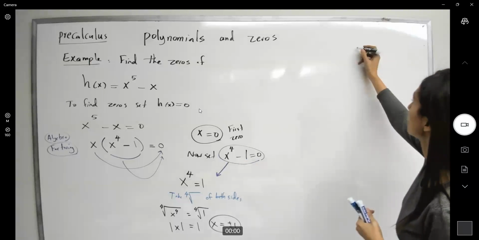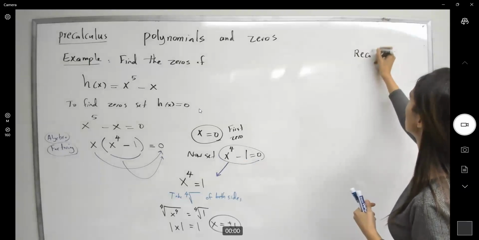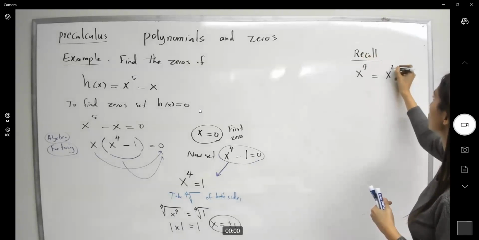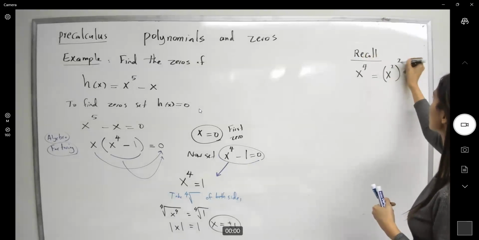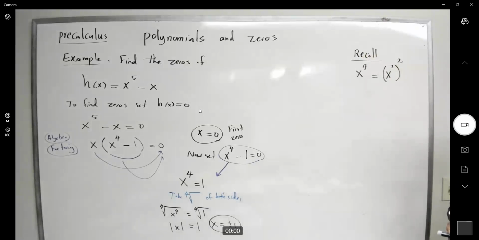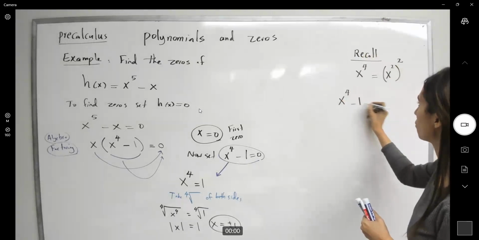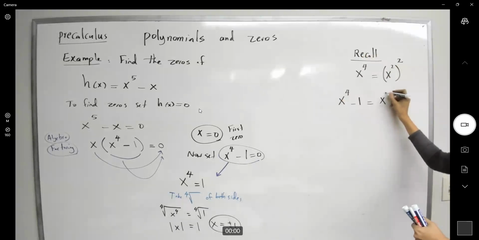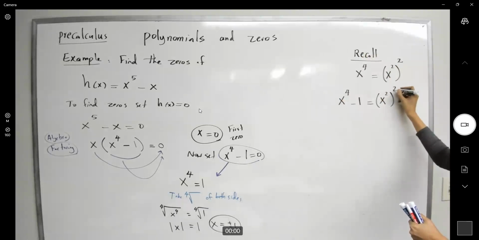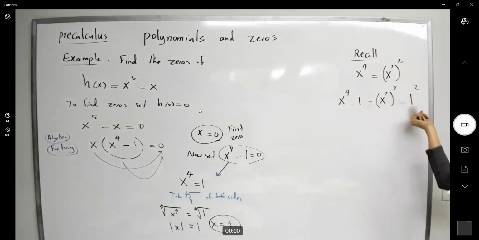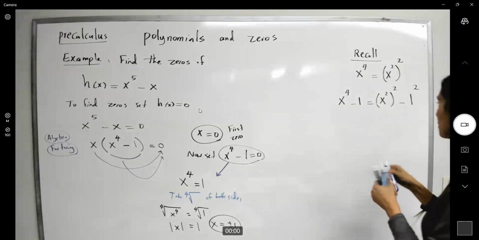Going back to algebra, recall: x to the fourth is x squared raised to the second power. So x to the fourth minus 1 can be written as x squared to the second power minus 1 to the second power. You have the difference of 2 squares.